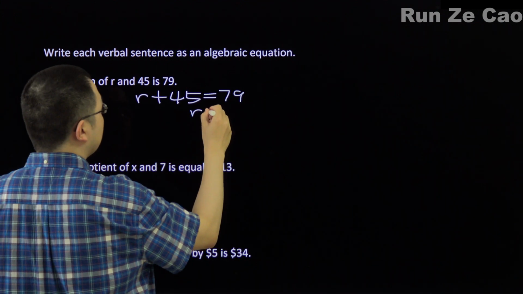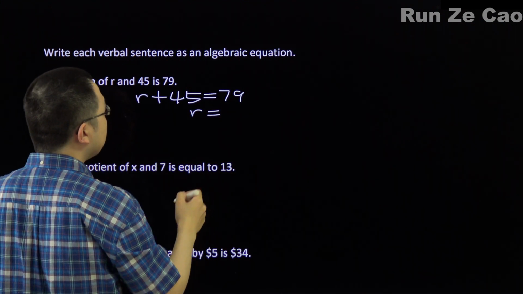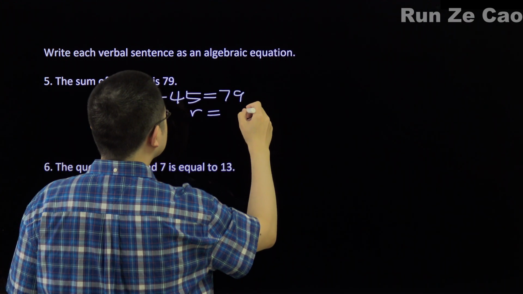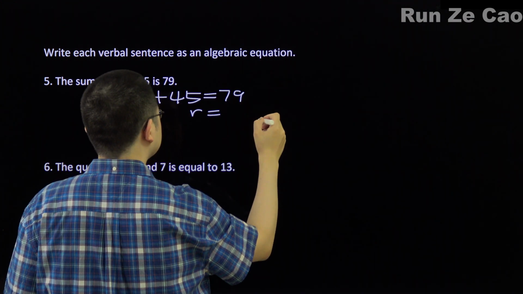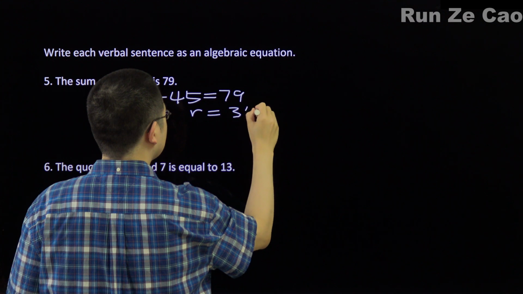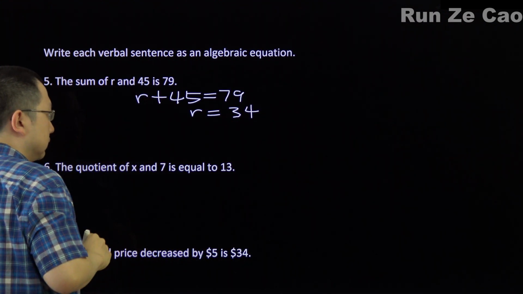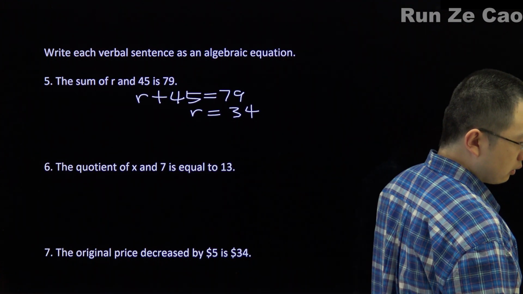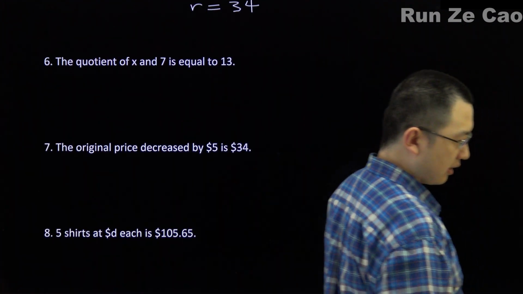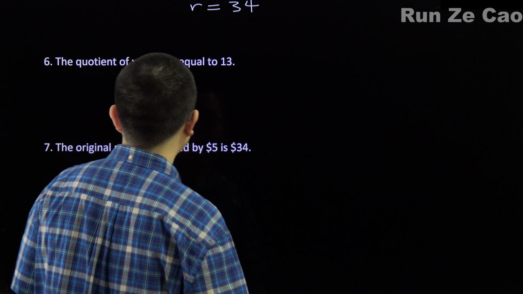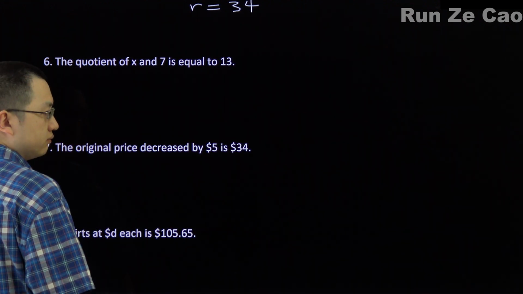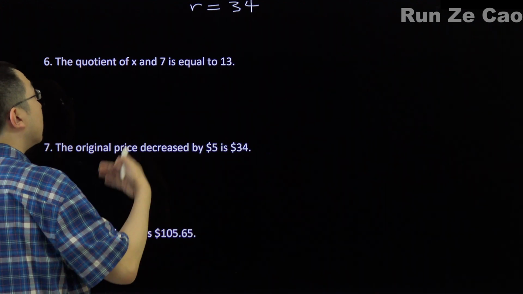If we wanted to solve this, we'd get R is equal to 79 minus 45, which leaves us at 34. So, the quotient of X and 7 is equal to 13. The quotient of, that means the result of division.